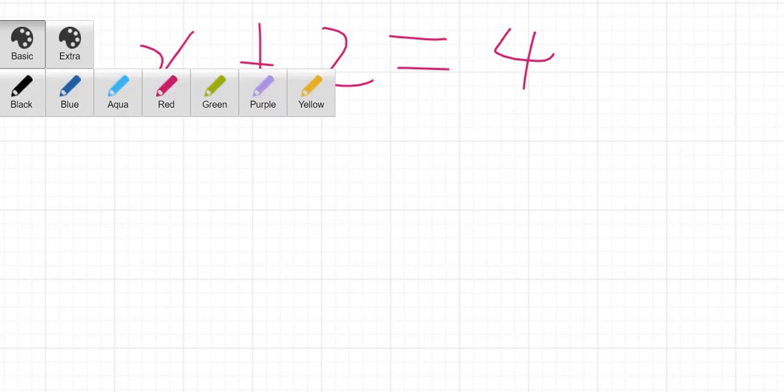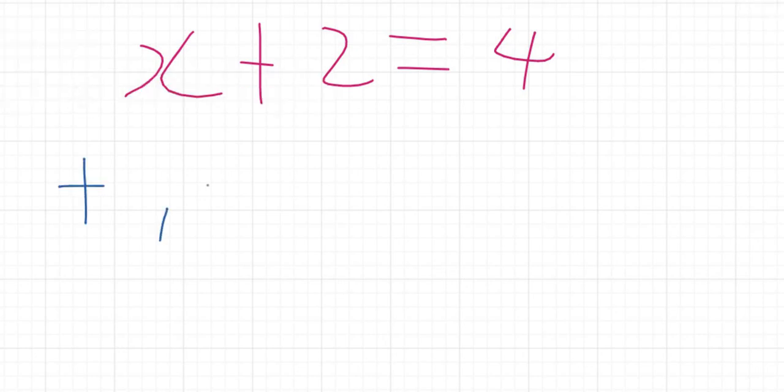For example, the opposite operation of plus is take away, the opposite of multiplication is division, the opposite of square root is square, and so on. So if we are getting rid of this 2 to have x by itself, we must apply the opposite of 2, which is -2.